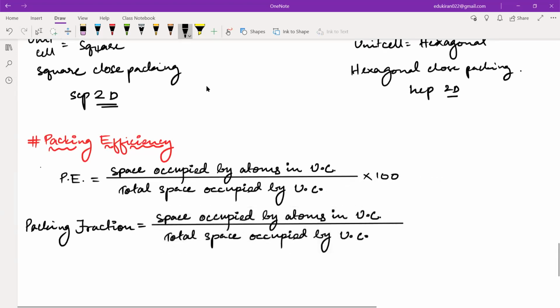Another thing related to packing efficiency is the void percentage. 100 is the total space, and if I subtract the packing efficiency, that means what percentage of the unit cell is solid, you will get the void percentage. So 100 minus solid gives the void percentage. Please write these three things down.